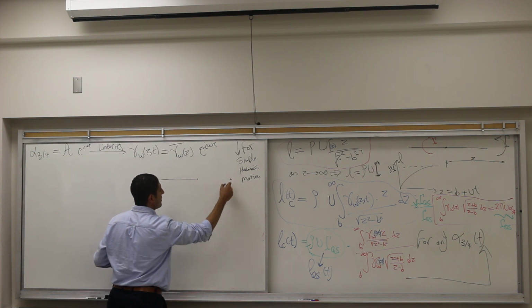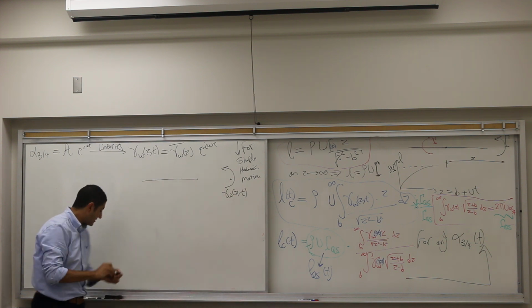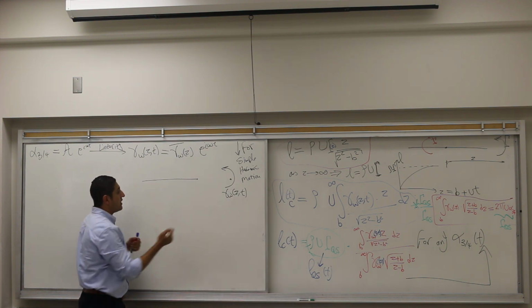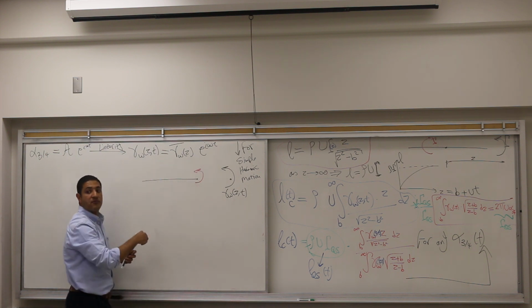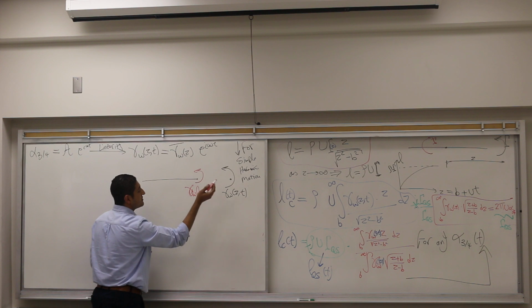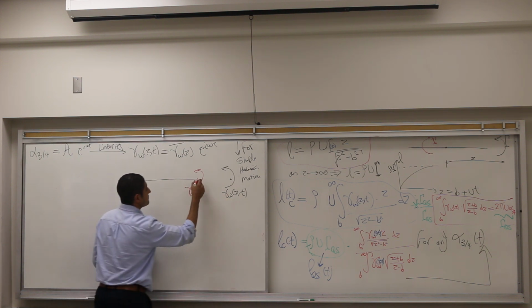If I have this gamma wave at some z and time t, since the gamma convects with the flow, moves with the flow, this gamma actually was here sometime before. Gamma wave at some b and t minus some time, right?